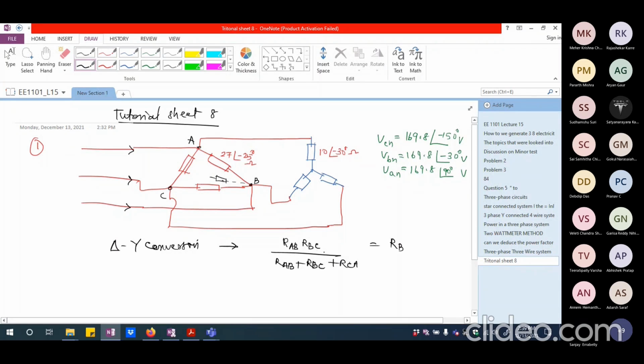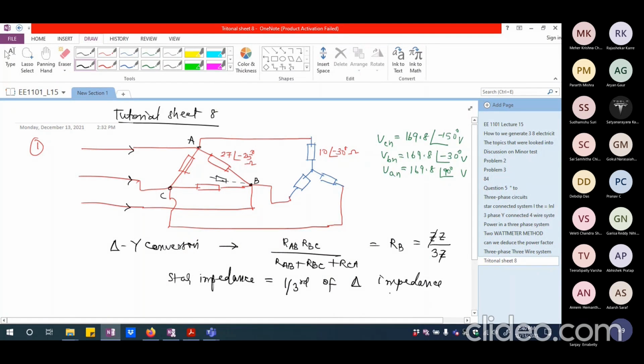And if all of them are equal, the star impedance will be equal to 1/3 of the delta impedance. Because if I say some Z value here, I will get Z times Z divided by 3Z, so I will have essentially Z by 3 as the star impedance.